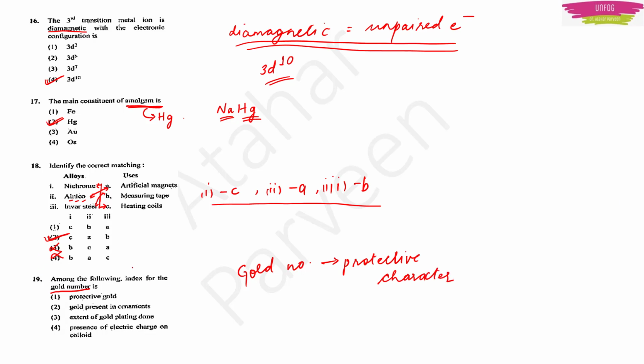Is there any option matching with protective character? We have protective gold. Yes, so the first option is the right answer. Gold present in ornaments, extent of gold plating done, and presence of electric charges on colloid are not the right options.